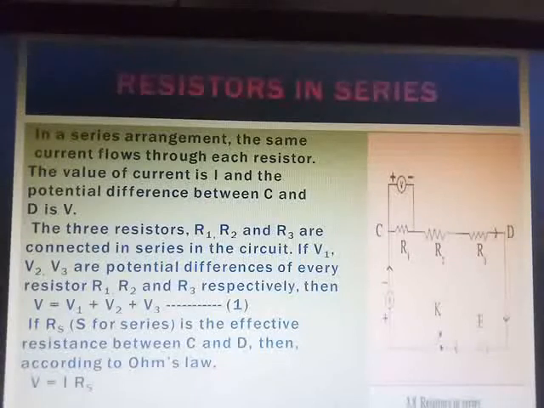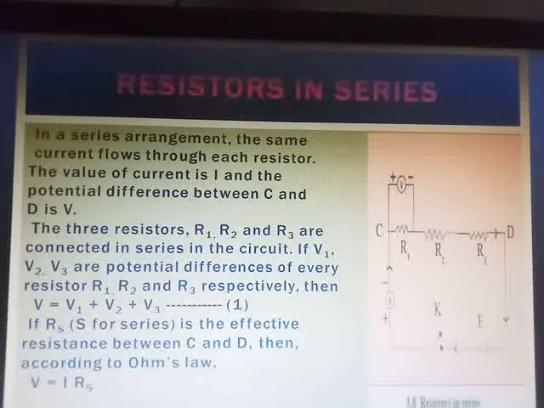The three resistors you can see, R1, R2, R3, are connected in series in the circuit, one after the other. Now if the potential differences V1, V2 and V3 are there across each resistor, that is V1 for R1, V2 for R2 and V3 for R3.